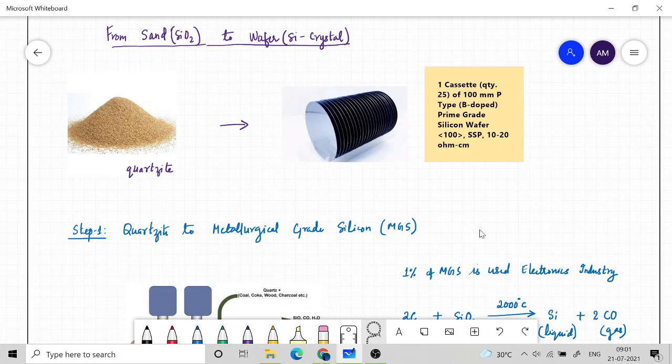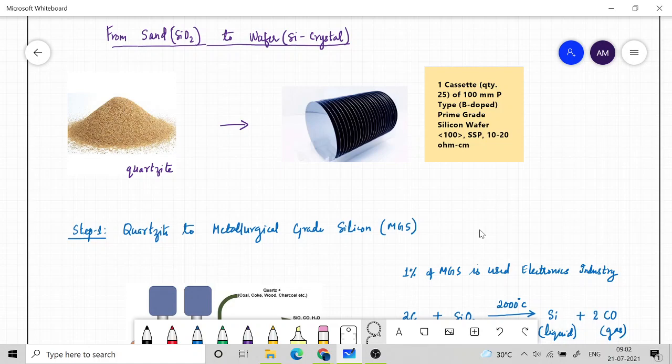So what are the steps involved in converting sand to silicon wafer? Silicon wafer, as I said yesterday, is a single crystalline material. The entire wafer is a single crystal. It may be 30 centimeter, today it has come up to 45 centimeter, but entirely it is a single crystal.